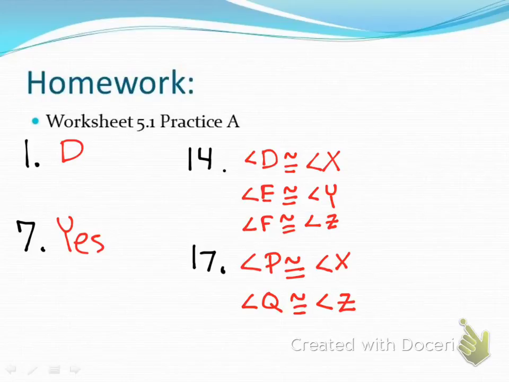And again, I know that's true because of the order they're given. P and X were both in the first position. Q and Z were both in the second position. And then R and Y are both in the last position. So just rely on the directions on those a little more than the pictures. And if you get stuck, just let me know. This is new, so it might be a bit confusing.